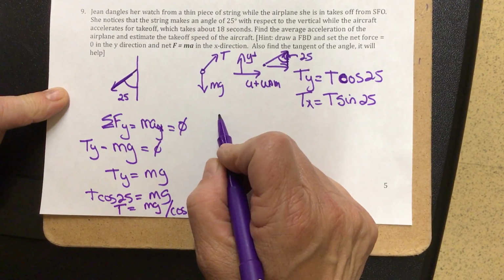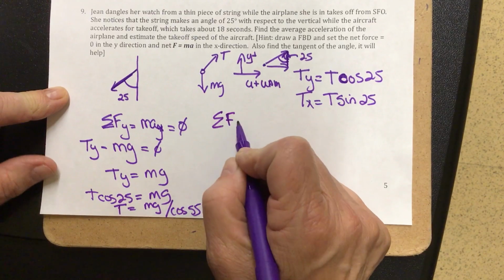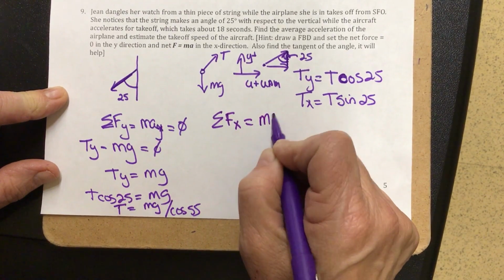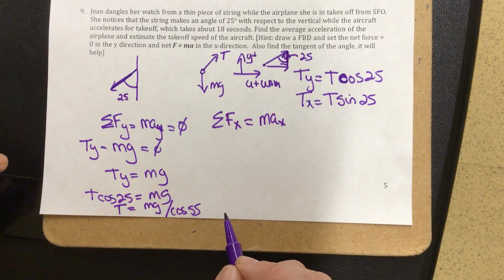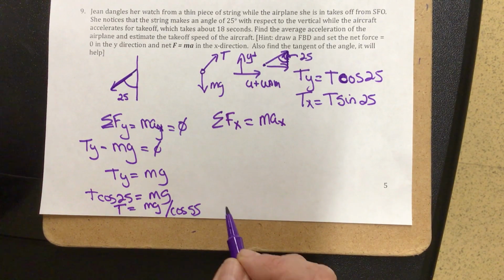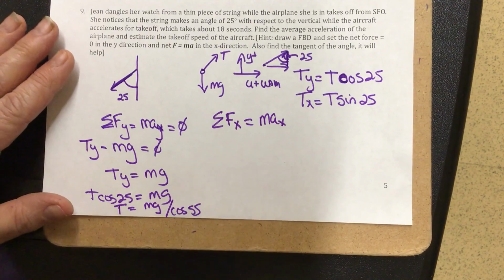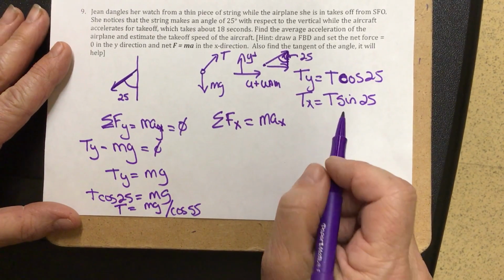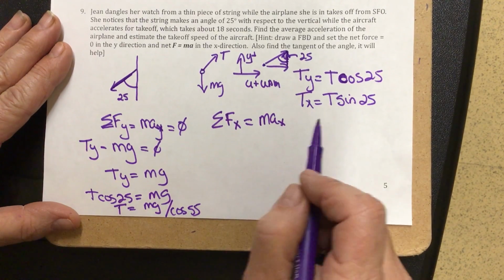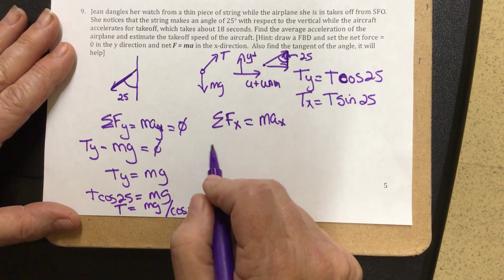So let's think about the x direction. In the x direction, the force is equal to mass times acceleration in the x direction. And in the x direction, absolutely there's an acceleration. The airplane's going to take off. So our forces, in the x direction we only have one force, and that's the tension in the x direction.